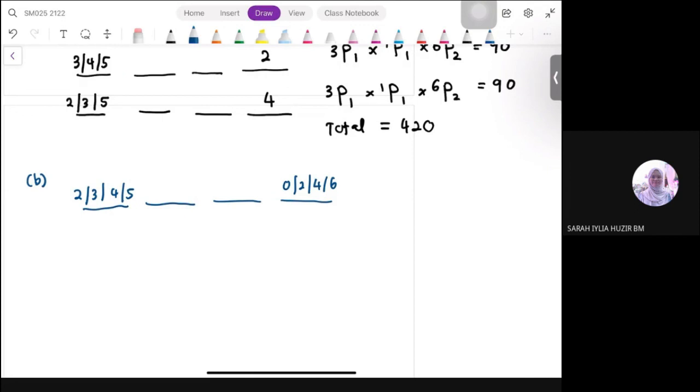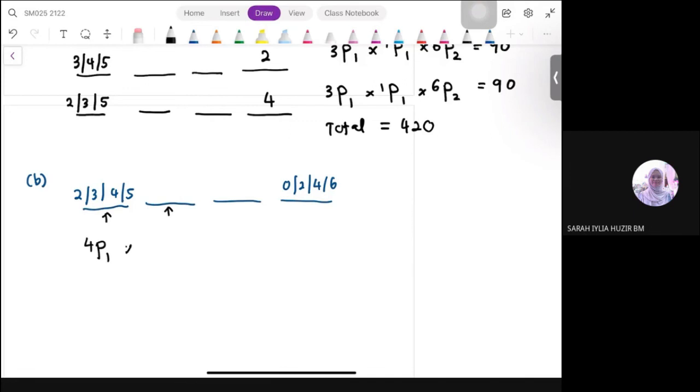Tapi, kita kena consider digit by digit. Kotak by kotak, kita kena consider the situation. Okay, so kita start terus dengan the first case. Okay, for the first space, we only have 4 options there. So, 4P1. Okay, moving on to the second space, here we have 8 option. Tak payah tolak kan? Sebab setiap nombor boleh pakai banyak kali. So, untuk kotak yang kedua, space yang kedua, no condition at all.